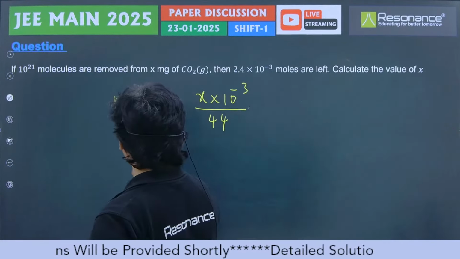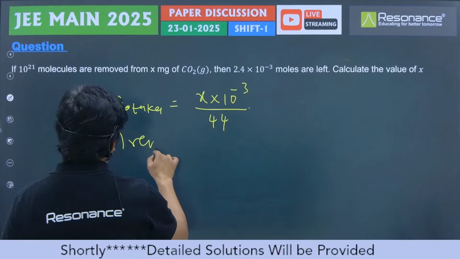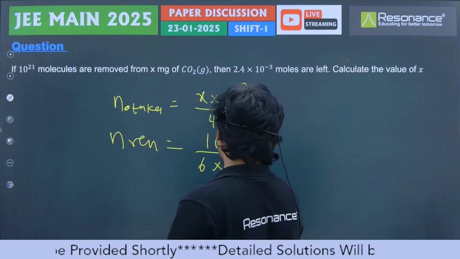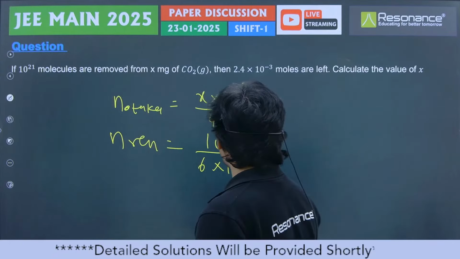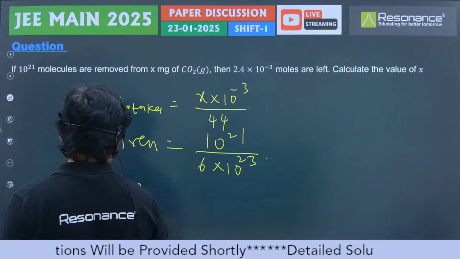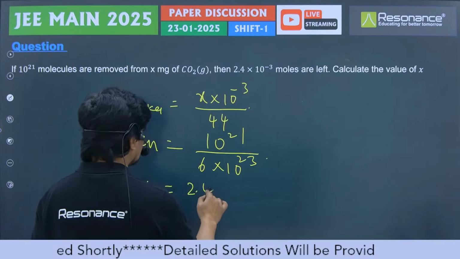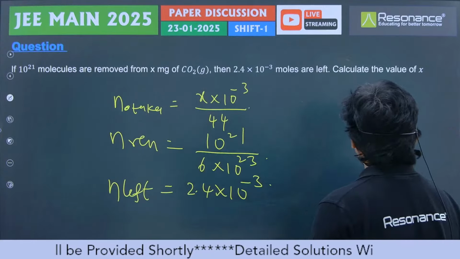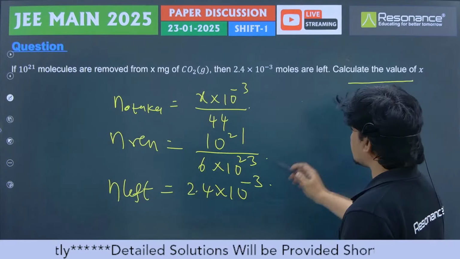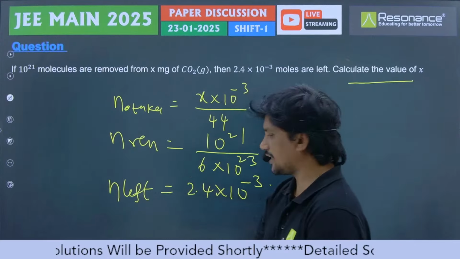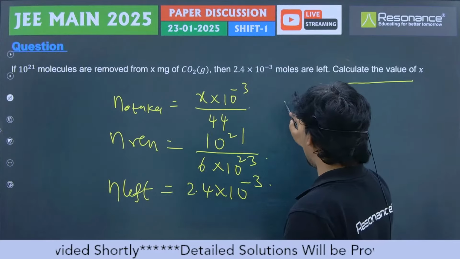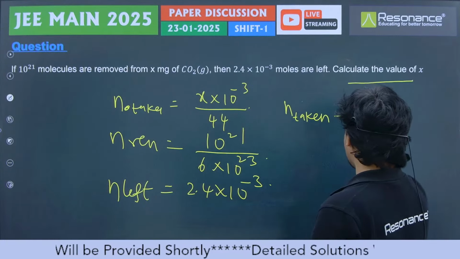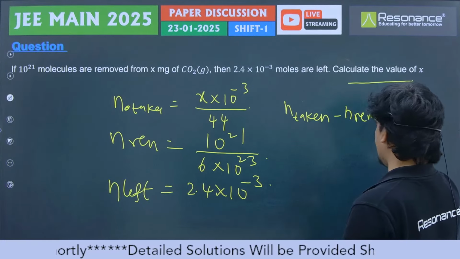How many moles are removed? Number of moles removed is equal to 10 power 21 by Avogadro number, 6 into 10 power 23. Right. Number of moles left is equal to 2.4 into 10 power minus 3. What they asked is to calculate the value of x. x is present in the number of moles taken. So number of moles taken minus number of moles removed is equal to what?